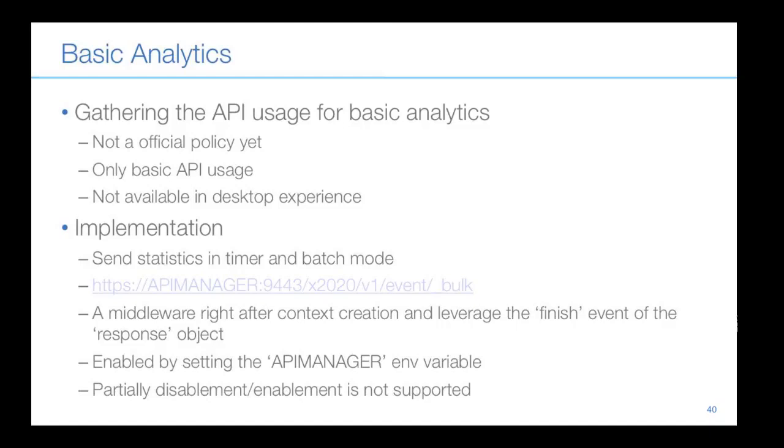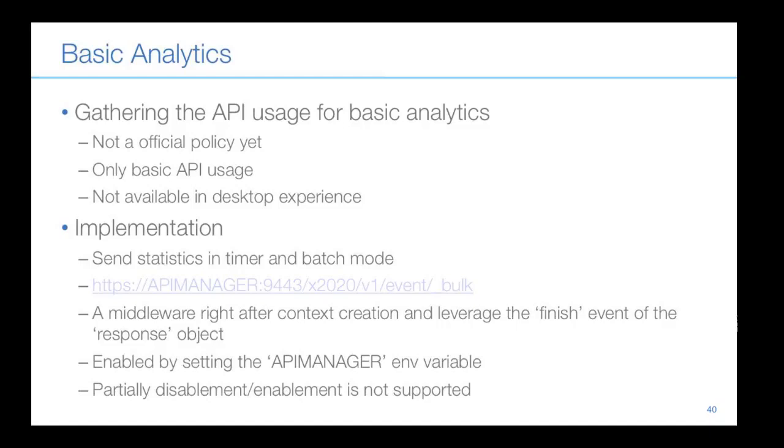Okay, and so we do the implementation of the analytics in different modes. We publish the data in timer and batch mode, which means if the time hits, for example, 3 seconds, and within the 3 seconds there are only 3 transactions, we will push these 3 transactions' activity log to the Elasticsearch.